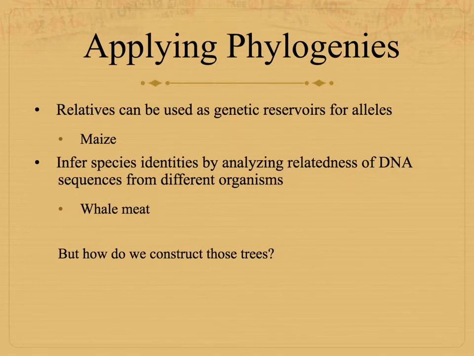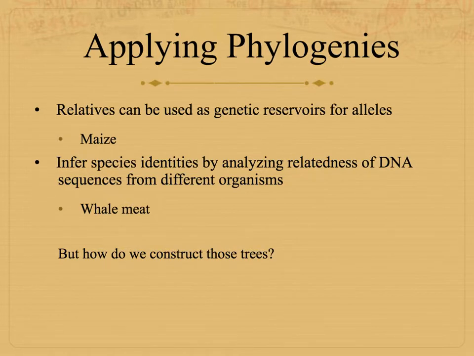Okay, so how do scientists apply phylogenies? If we can discover who the relatives of certain species are based on constructing these phylogenies, we can actually use those relatives as a potential genetic reservoir for alleles to be put back into a population in case of disease or some other catastrophic event.